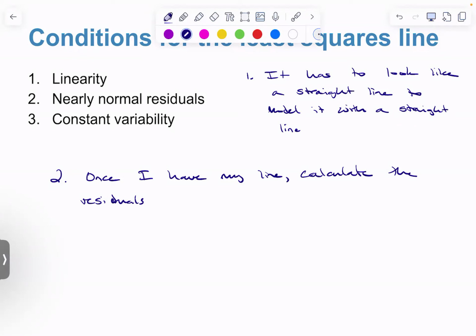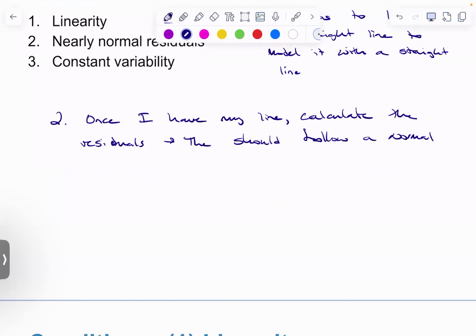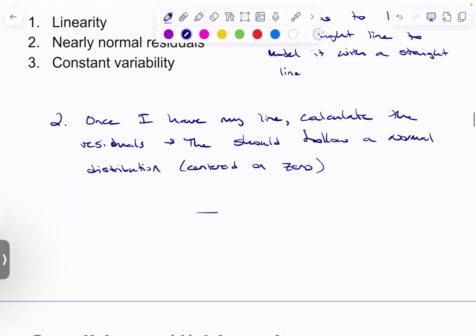So at that point of x, you can use your line to find the predicted value of y, and then subtract it from the observed value of y, and then you have your residuals. So once I have my line, calculate the residuals, they should follow a normal distribution. In fact, they should be centered on 0. They should look like this.